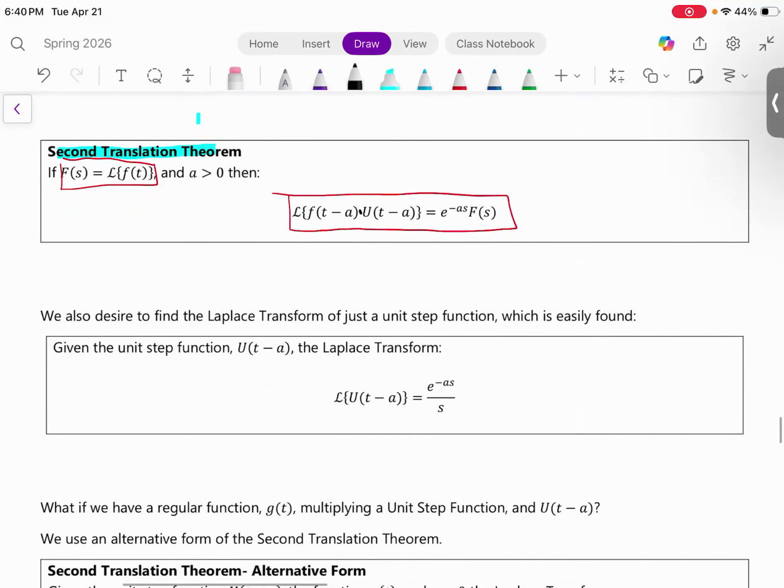So that is the second translation theorem. It helps us when we need to Laplace specific terms, mostly outright, but also with an initial value problem, we might need to use this second translation theorem.